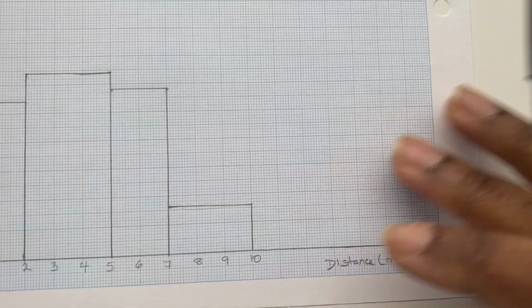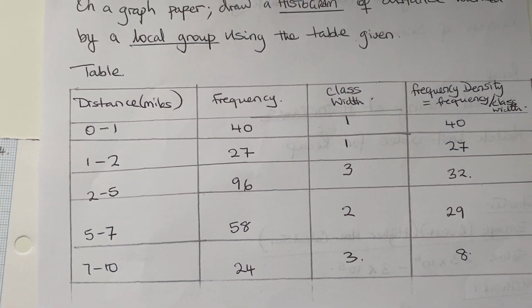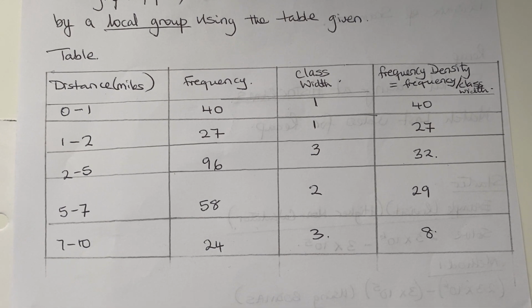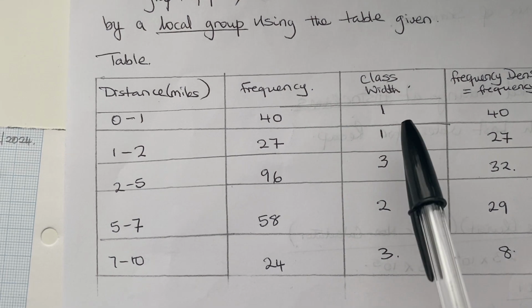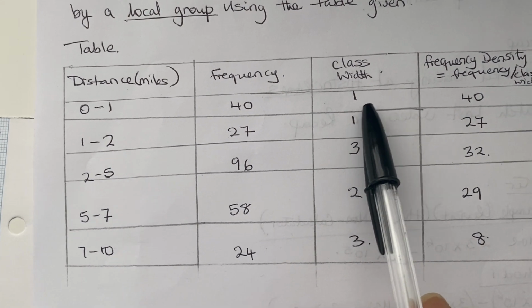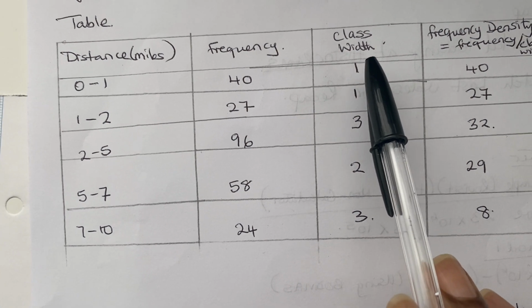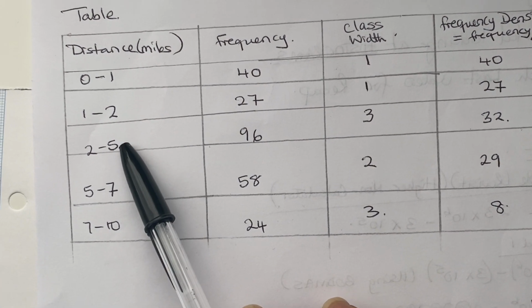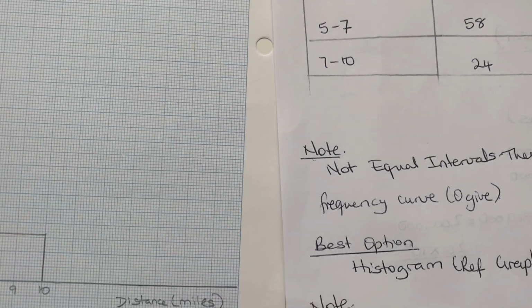And that is how my table looks. So I use the class width against the frequency table to get the graph.